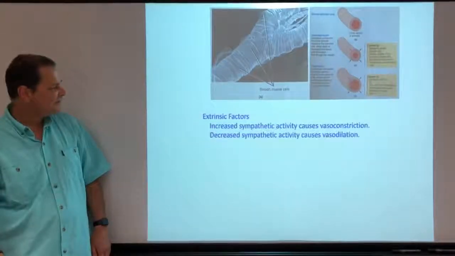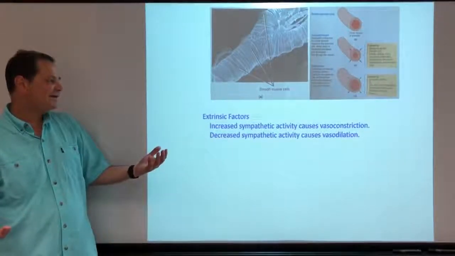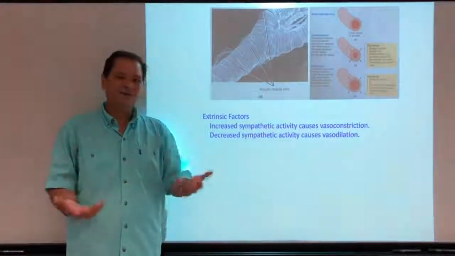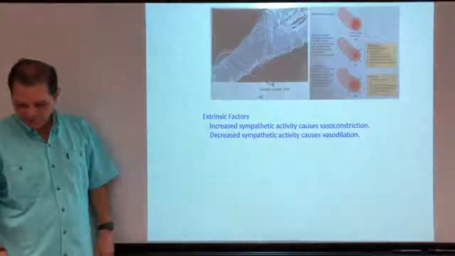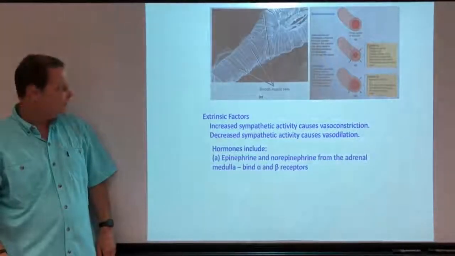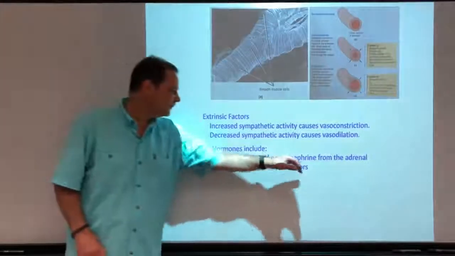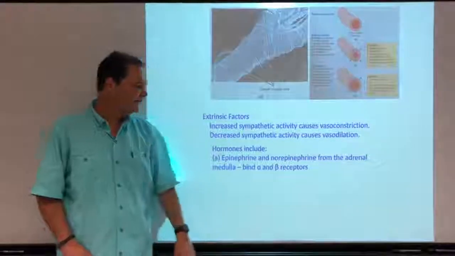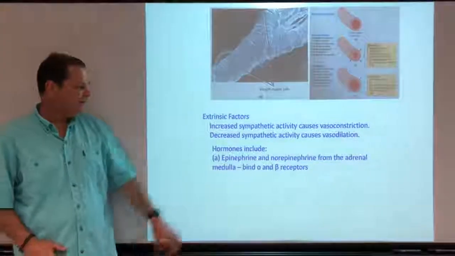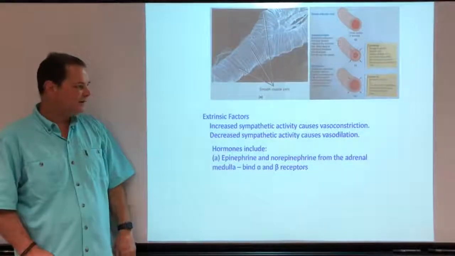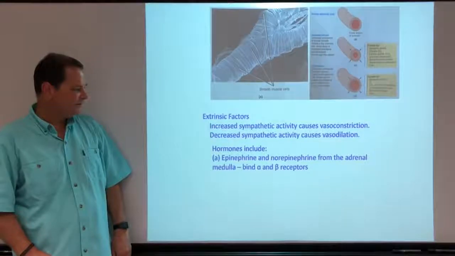Okay. Extrinsic factors: increased sympathetic activity will cause a vasoconstriction. Decreased sympathetic activity, you get a vasodilation. Okay, and hormones. Well, epinephrine from the adrenal medulla. Norepinephrine, not so much. You should think of that coming more from nerve endings in the sympathetic nervous system.